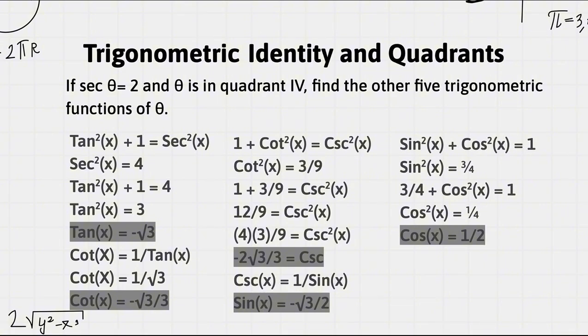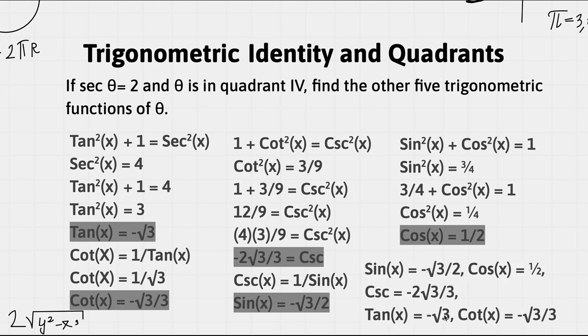If we square sine, we get 3 over 4. We plug 3 over 4 into our equation: 3 over 4 plus cosine squared of x equals 1. Then we subtract the 3 over 4 from the 1, and we get cosine squared equals 1 over 4. When we take the square root, cosine equals 1/2.